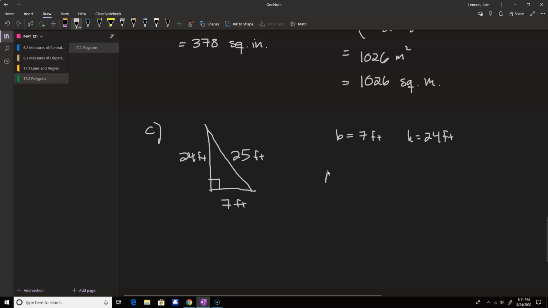So here our area is 1/2 times our base times our height. So 1/2 times 24 is 12, and 12 times 7 is 84. So this should be 84 feet squared, or 84 SQ period FT period.